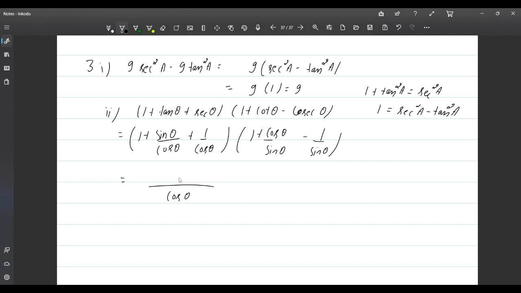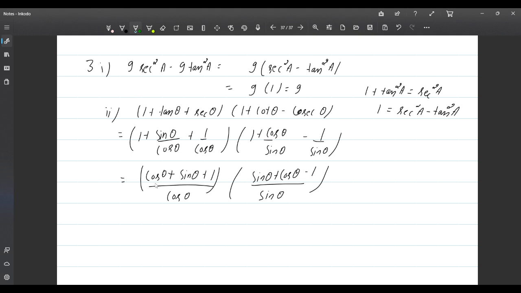So this is all equal to cos theta plus sin theta plus 1 upon cos theta, into sin theta plus cos theta minus 1 upon sin theta.